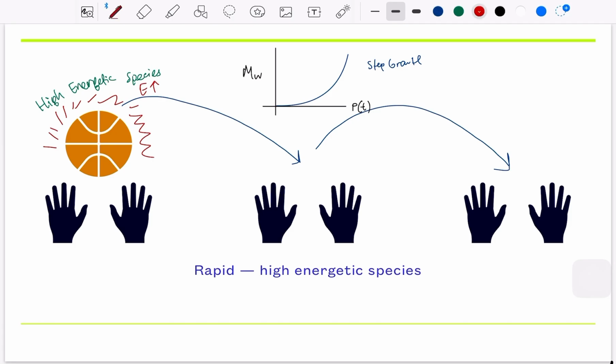For the chain growth, is here. This is chain growth. So at the very beginning, it has already high molecular weight for the chain growth. And mostly, the chain growth happens in the vinyl monomers.